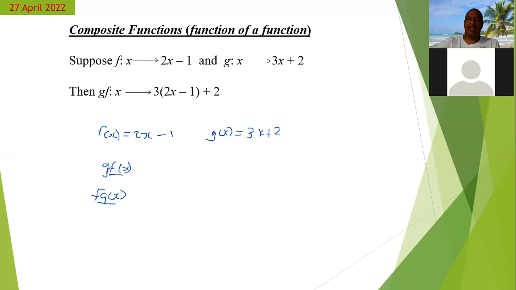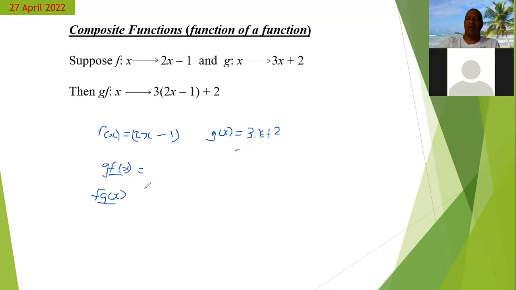Let us first look at g f of x. We are going to put the entire function f where x is in g. The right side is 2x minus 1, so we keep this in brackets. We take out the x and put the entire bracket where the x is.